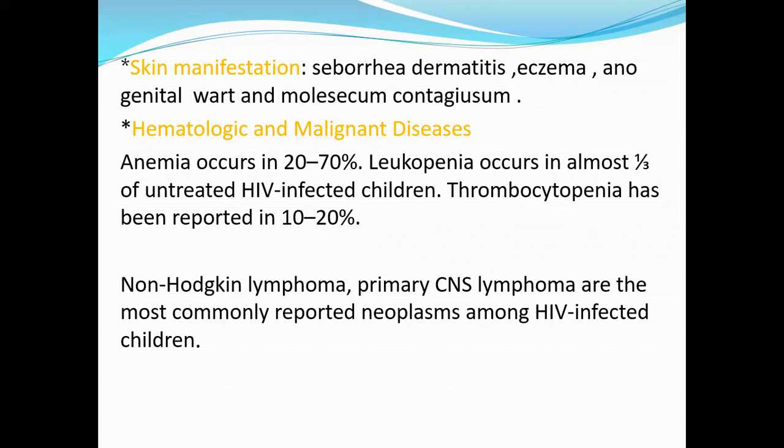There is bone marrow suppression. Non-Hodgkin lymphoma and primary CNS lymphoma are the most common neoplasms among HIV children. This is seborrheic dermatitis in the lower limb, in the leg of a child with HIV.